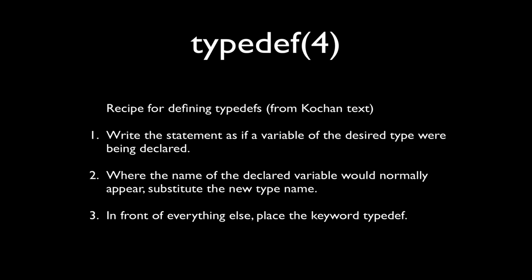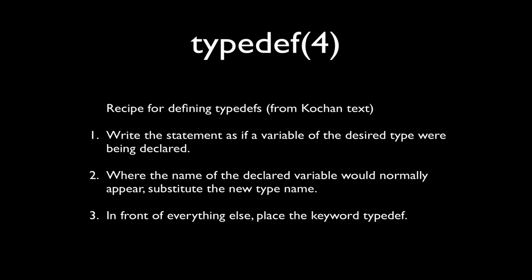So in general, you can remember how to define typedefs by remembering these 3 simple steps. So first of all, just write down the statement as if a variable of the desired type were being declared. So you're going to proceed just as before: type name space variable.